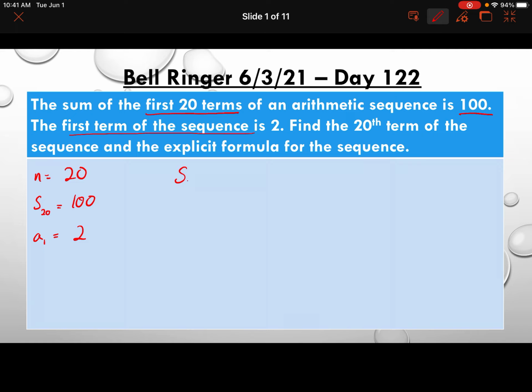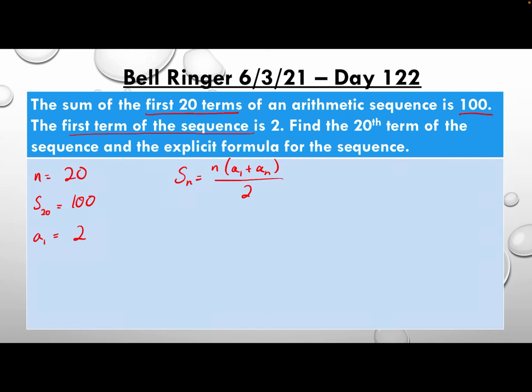So let's set up our formula. So the sum is equal to n, the number of terms, times the first term plus the last term, all over 2. Okay, or in other words, this is Gauss's method, right? You line up the sums normally and then backwards, add them up, multiply by the number of terms, divided by 2.